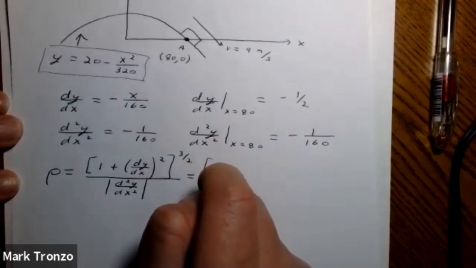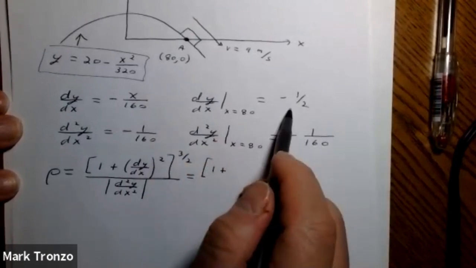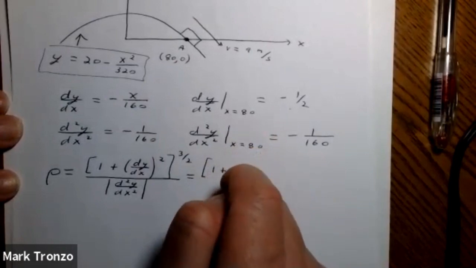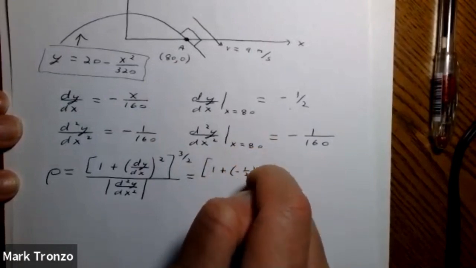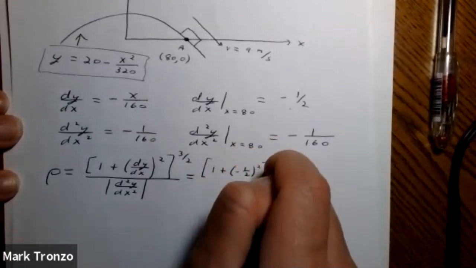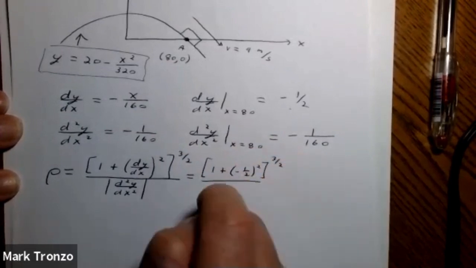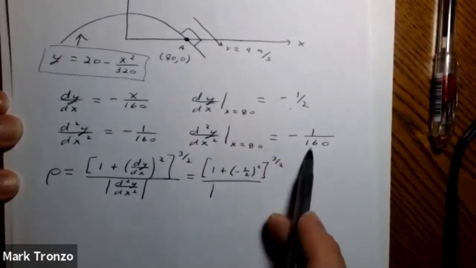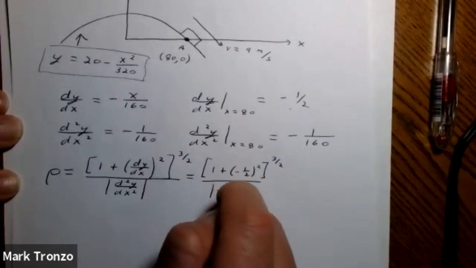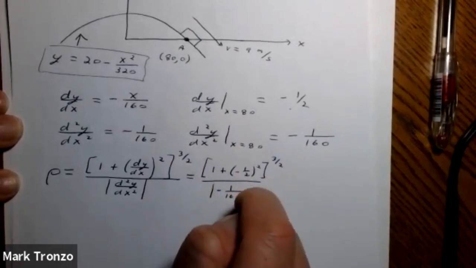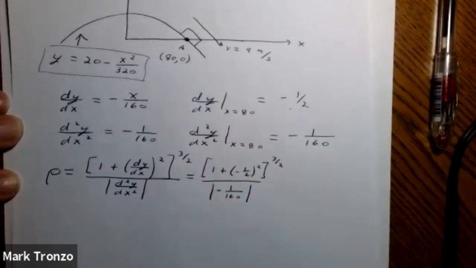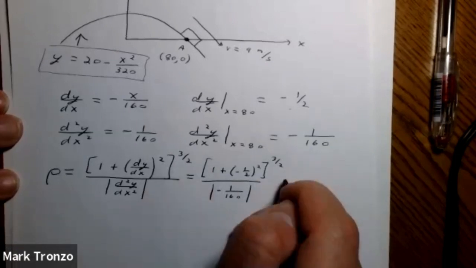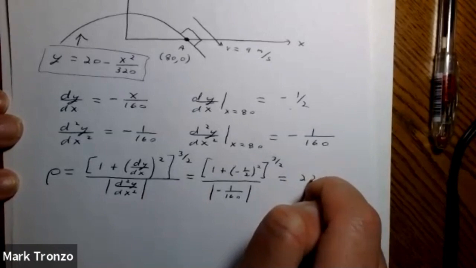And that's going to be 1 plus this thing over here, 1 half squared, to the 3 halves. And then the absolute value of this in the bottom. Calculator, I got 223.6 meters.